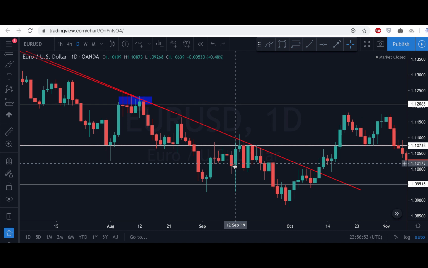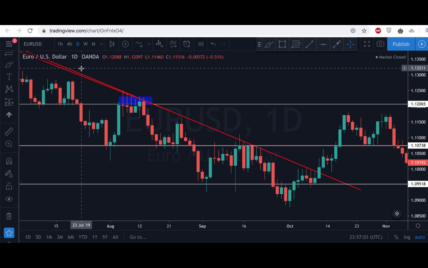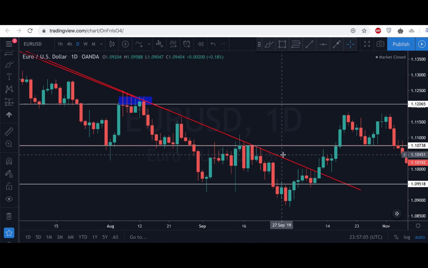Now another thing you have to understand is if there is a conflict of trends. For example, if your daily time frame says that the market is downtrending, but on a 4 hour chart the market is uptrending, you cannot do a sell right away. You have to wait for the market to change from short term bullish to short term bearish.